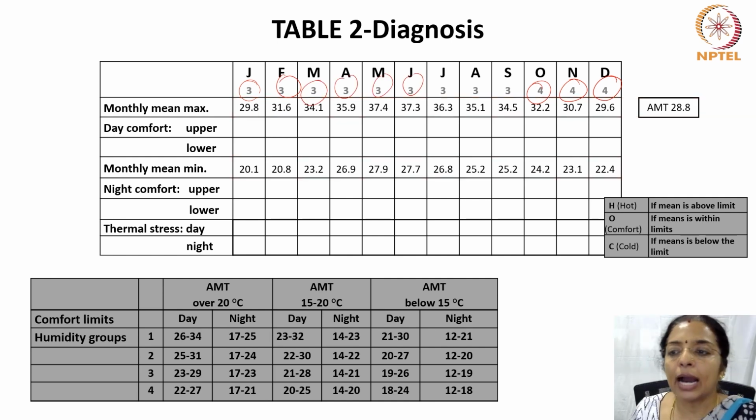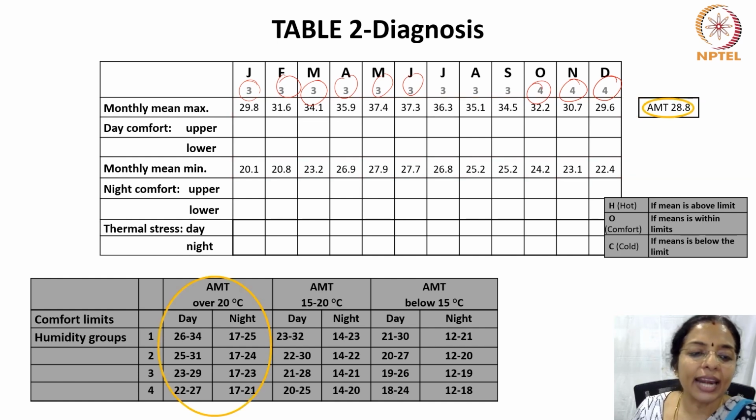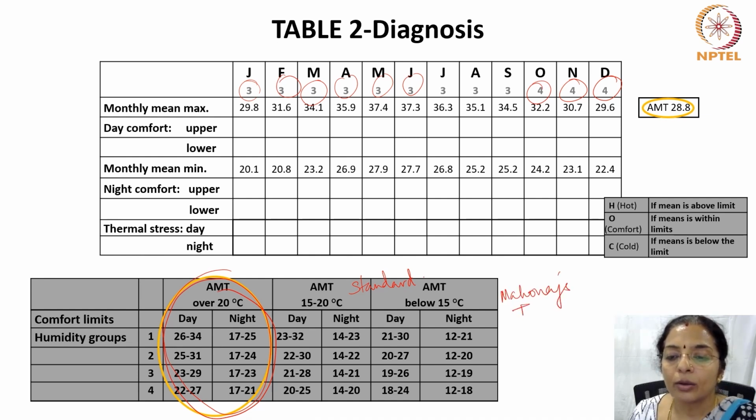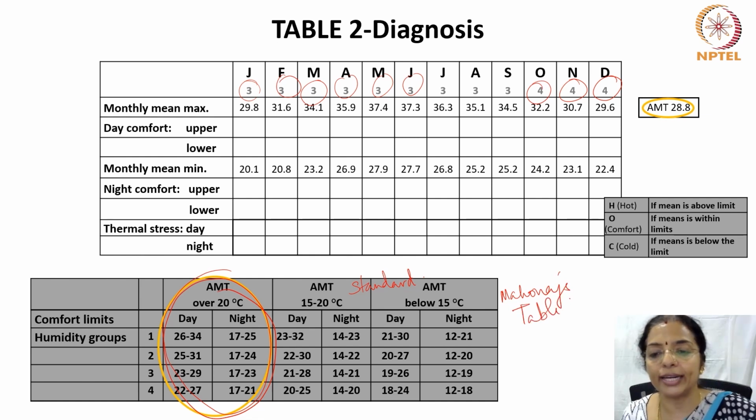Then after this, what you should do is, you should write the AMT and check with the AMT given in this table. This is a standard table. So this is not something which you can enter. Everything which is gray in color is standard, which is part of Mahoney's table, whereas all the non-gray white ones are where you have to enter the data.